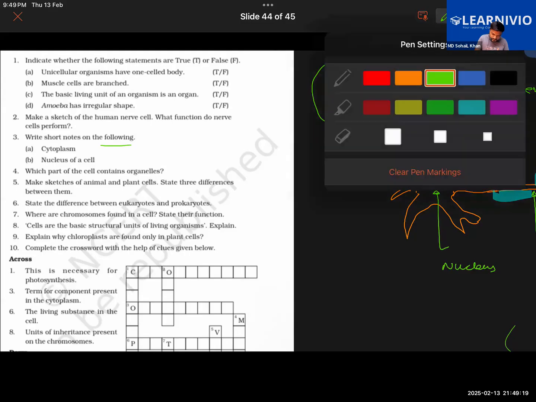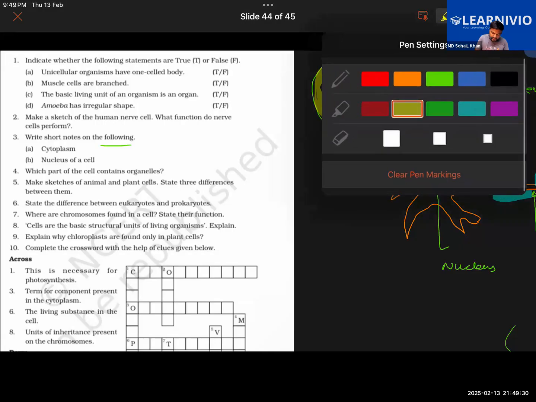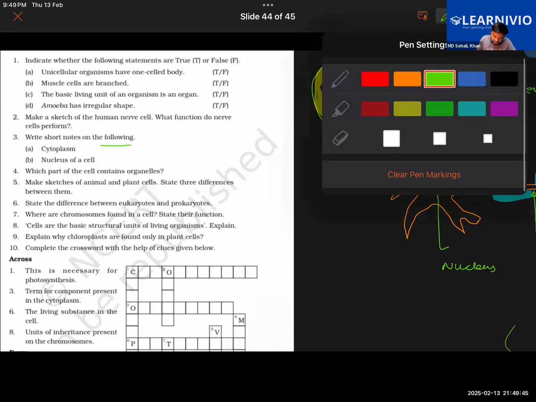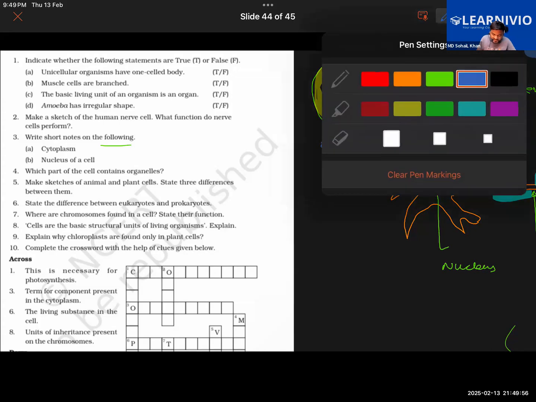Cytoplasm is basically the liquid-like substance that is present inside of the cell. Rather than saying liquid, you should appropriately say jelly-like fluid. All the cell organelles are basically suspended in it.